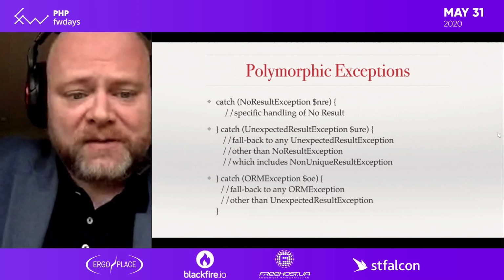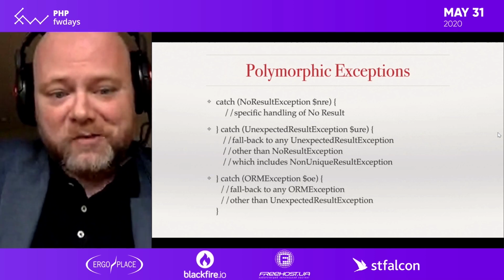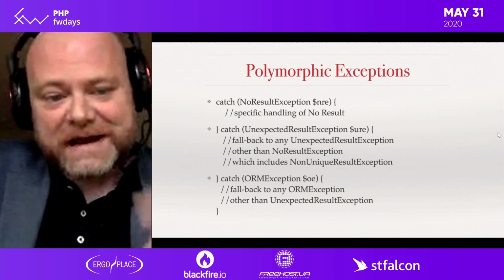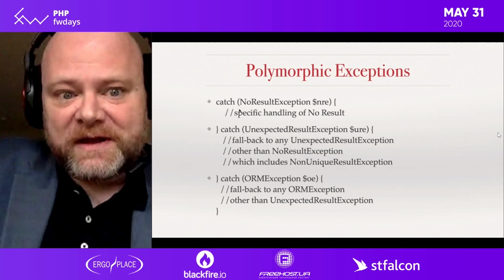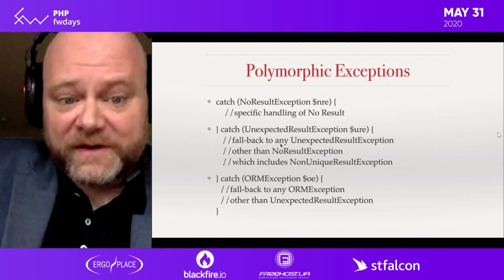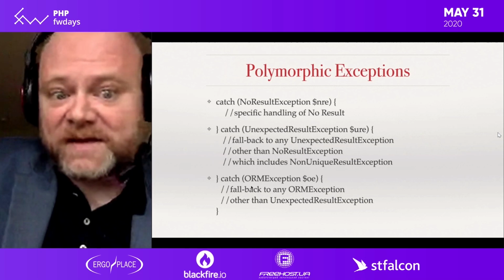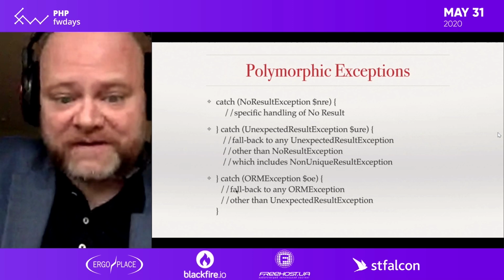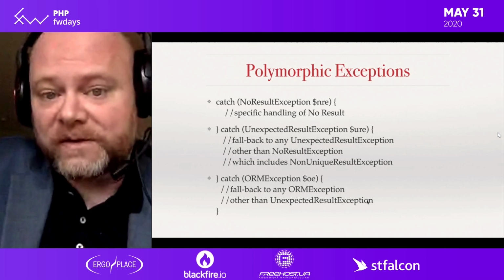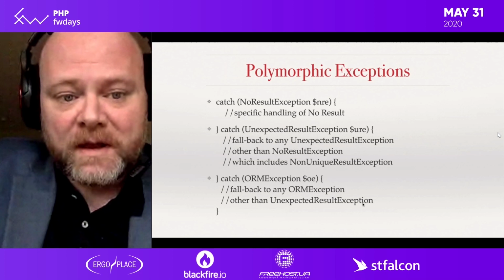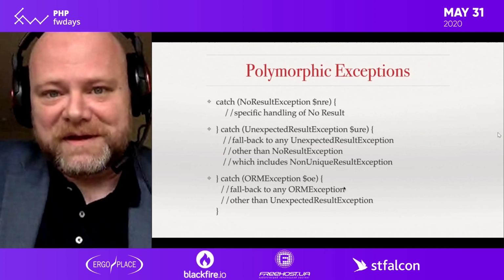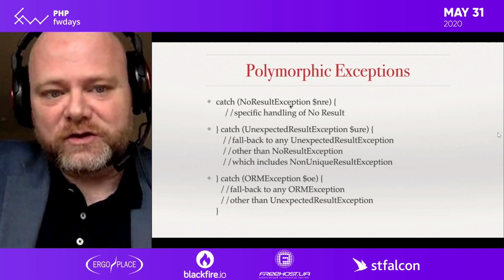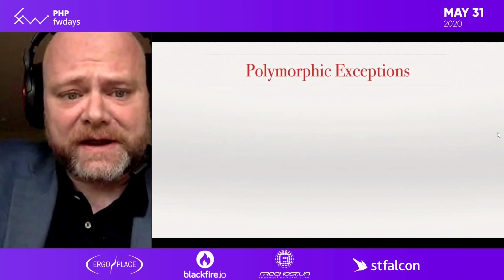And if I want to, I can put another catch block below it, another stack, which will be another fallback, right? So if this first case is not being caught, it means that it's some other ORM exception. So I'm going to handle this here. So that's kind of how you can leverage your type system and your class hierarchy to catch exceptions at different layers.